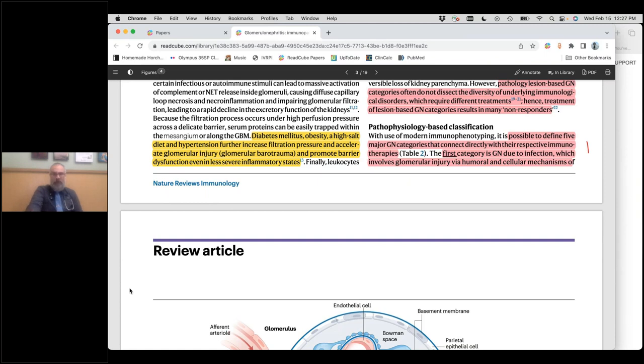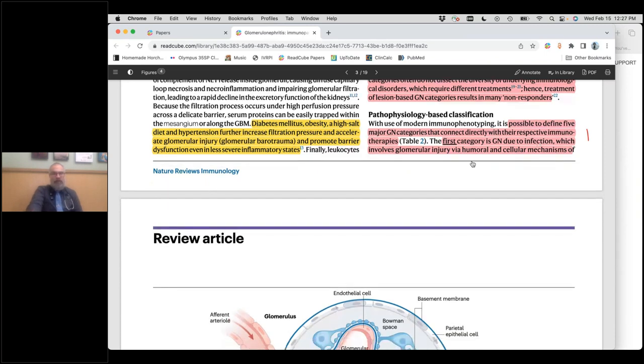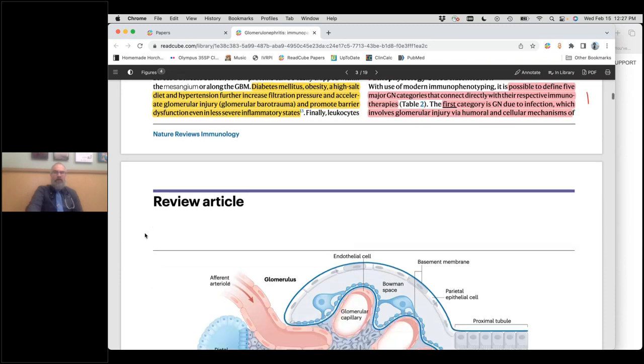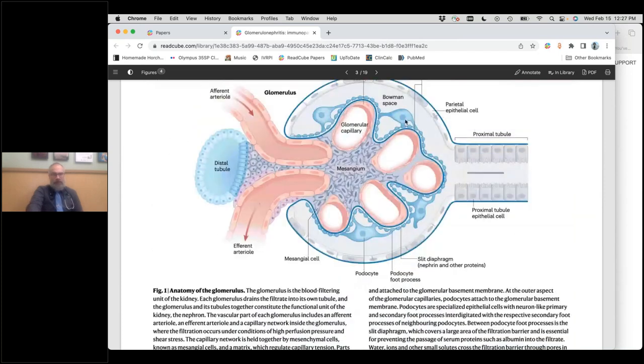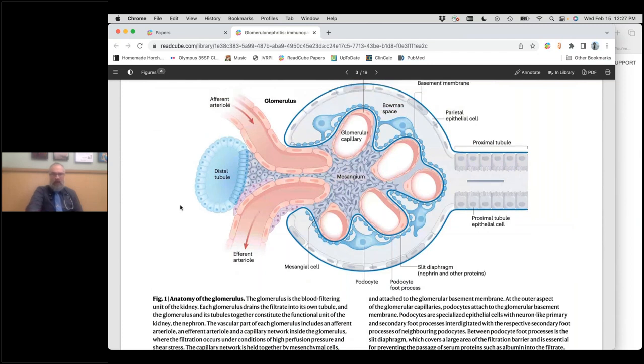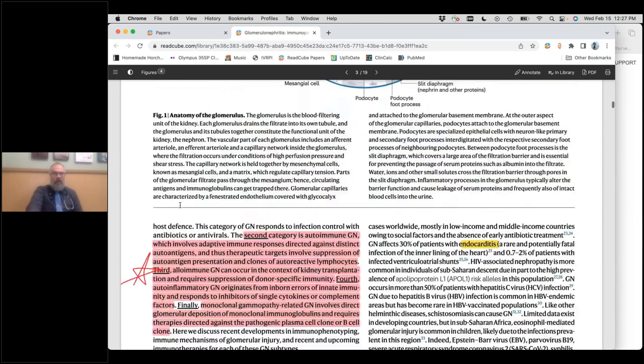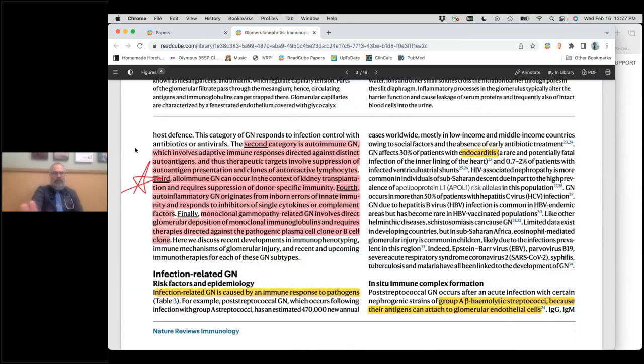So the 5 they came up with, the first one is secondary to infection. This is where the glomeruli are involved either via humoral or cellular mediated mechanisms. I'm going to skip past the beautiful cartoon of the glomerulus, because I think we've all got that pretty well. But yeah, it's a great picture if you need one.